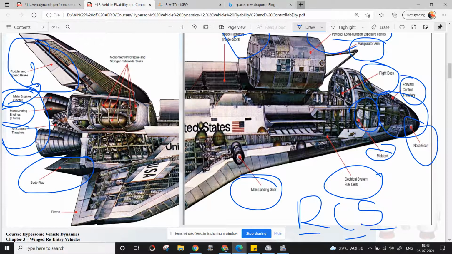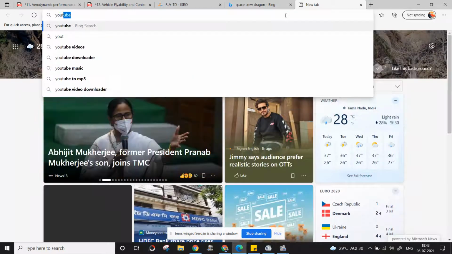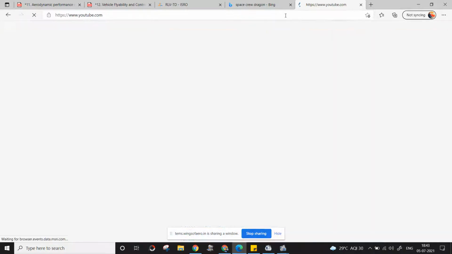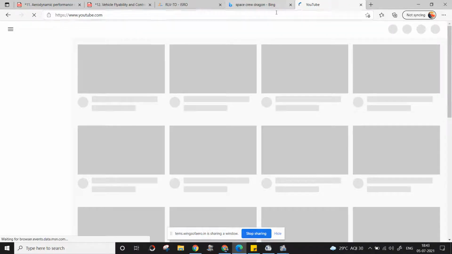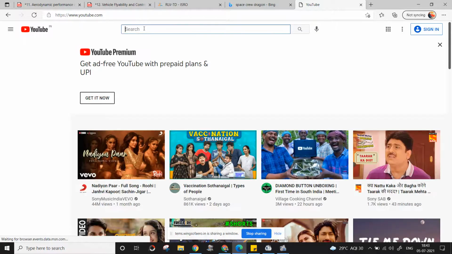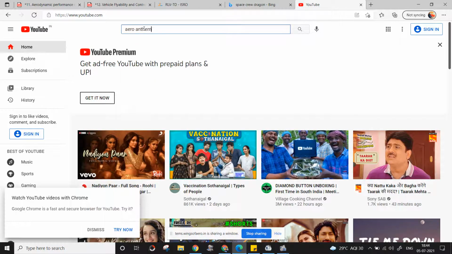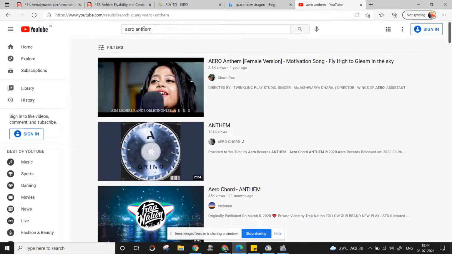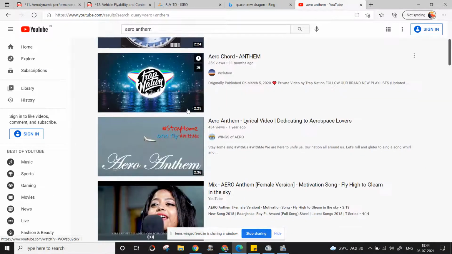So let's see a video of how this rudder is used as a speed brake. Speed brake means we are going to decrease the speed, so we are going to increase the drag. How are we going to increase the drag? I am just showing this video.